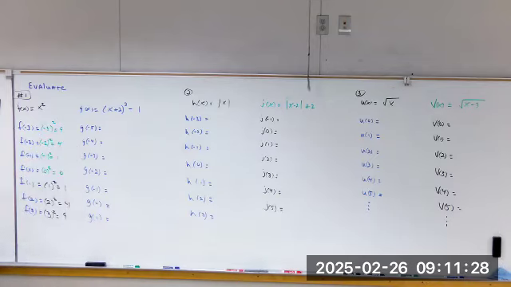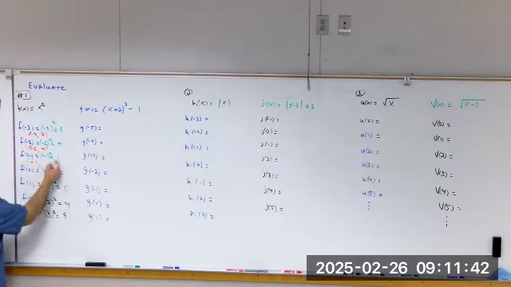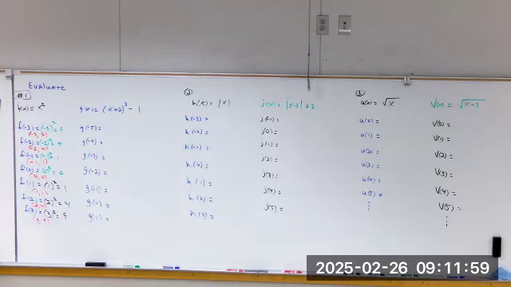X that goes in, negative 3 went in, positive 9 came out. Negative 2 went in, we have a 4 that came out. Negative 1 goes in, we have a 1 that comes out. 0 goes in, 0 came out. 1 goes in, 1 came out. 2 went in, 4 came out. 3 went in, 9 came out. Ordered pairs. So we can plot them and graph.